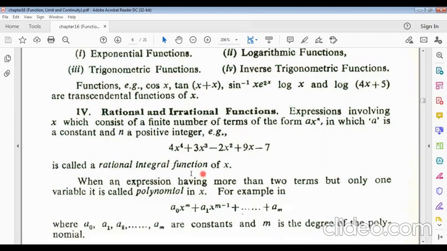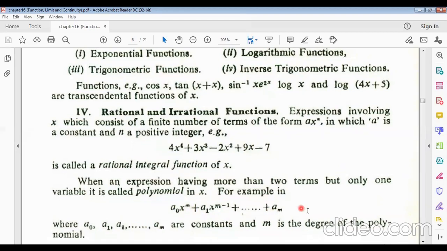Now, an expression having more than two terms but only one variable x is called a polynomial. Poly means many terms, involving x.